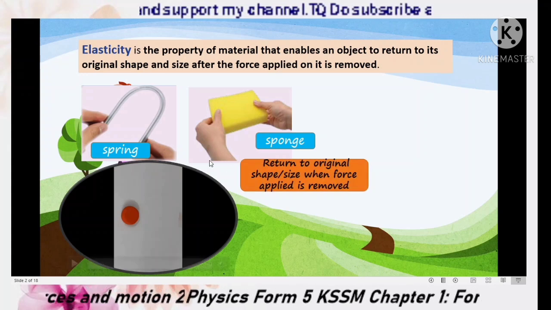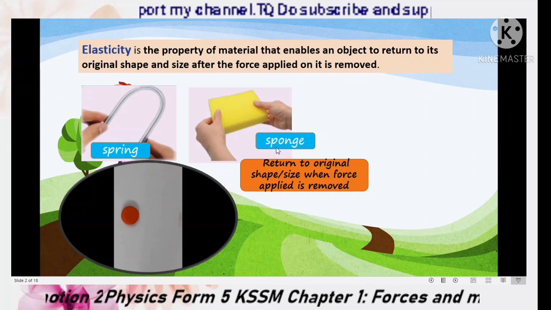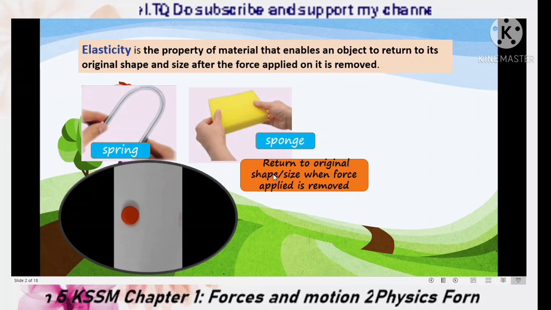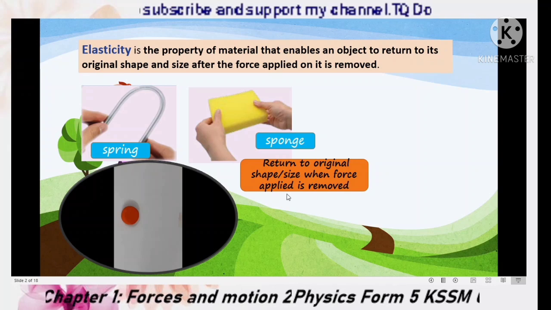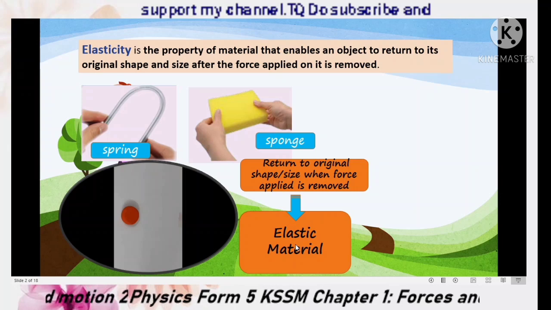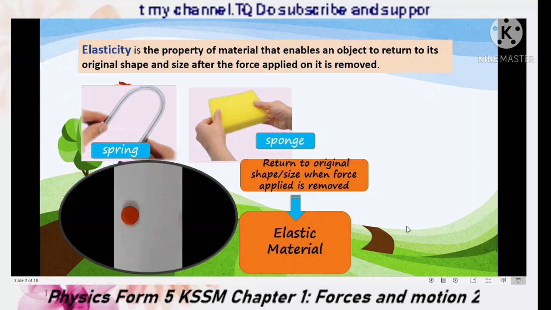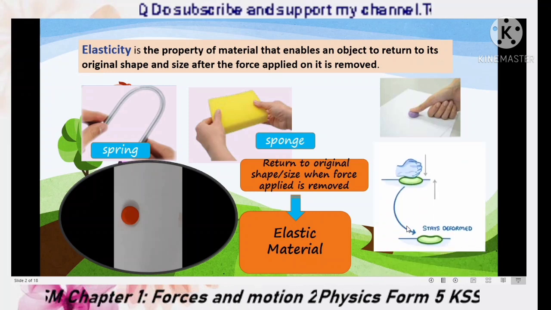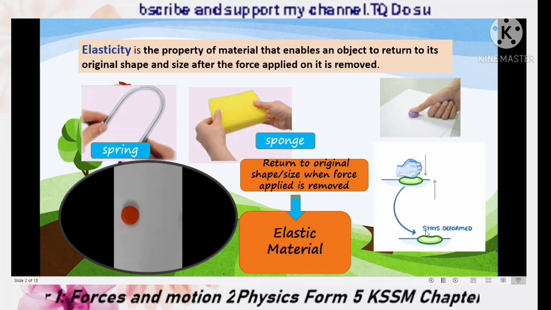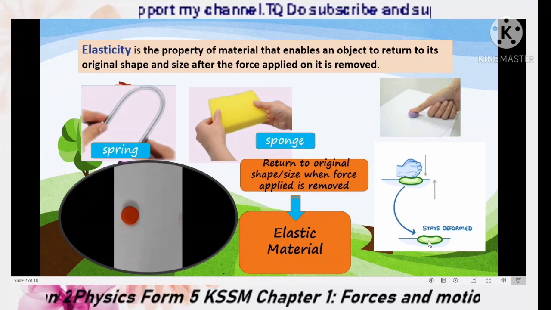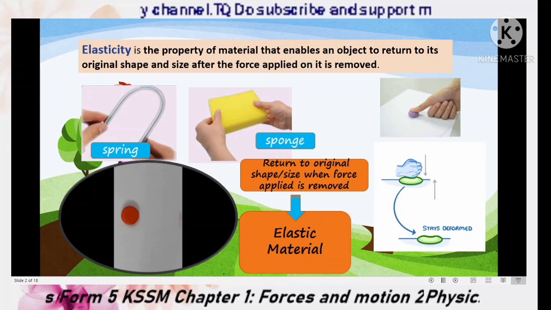So what we can say about this one, the spring and the sponge, it returns to its original shape or size when the force applied is removed. Thus, we call it elastic material. How about the plasticine? The shape and the size change after the force is removed.